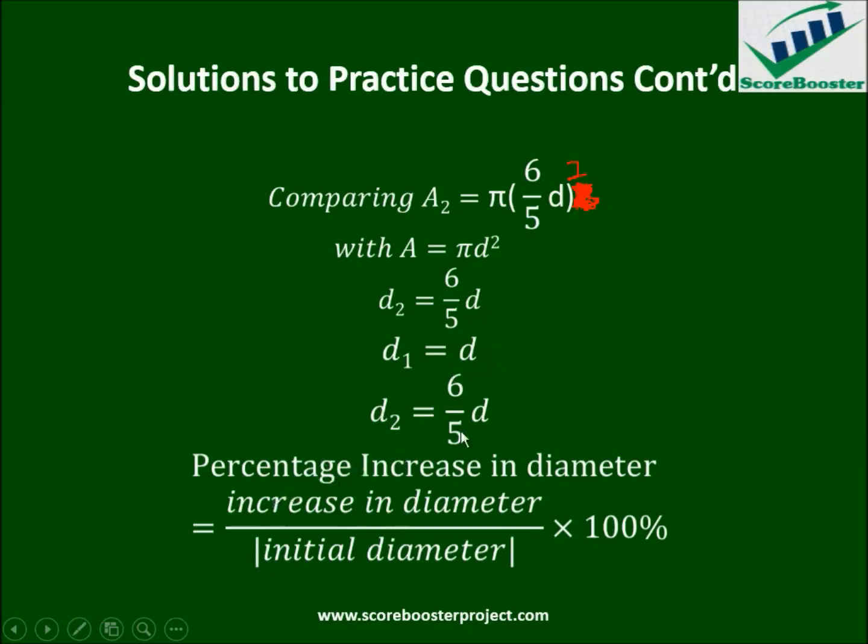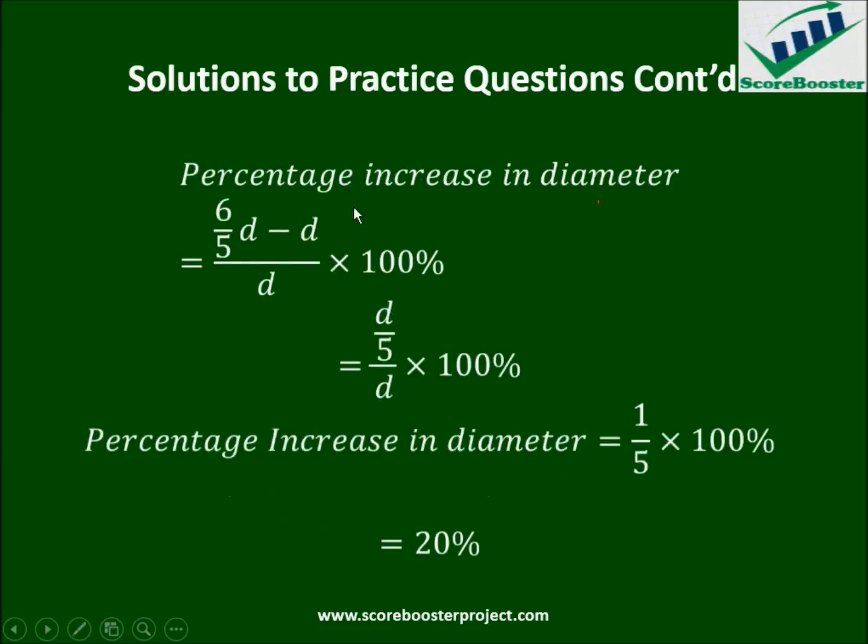So the percentage increase in diameter is equal to the increase in diameter divided by the absolute value of the initial diameter, times 100%. We know our original diameter is d and the new diameter is 6 over 5d.